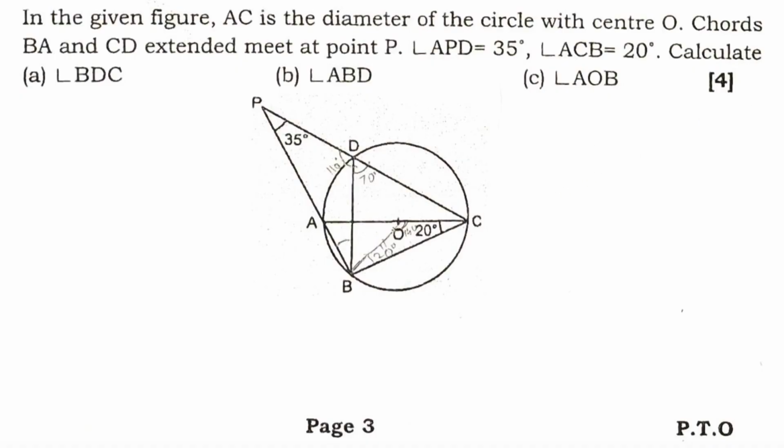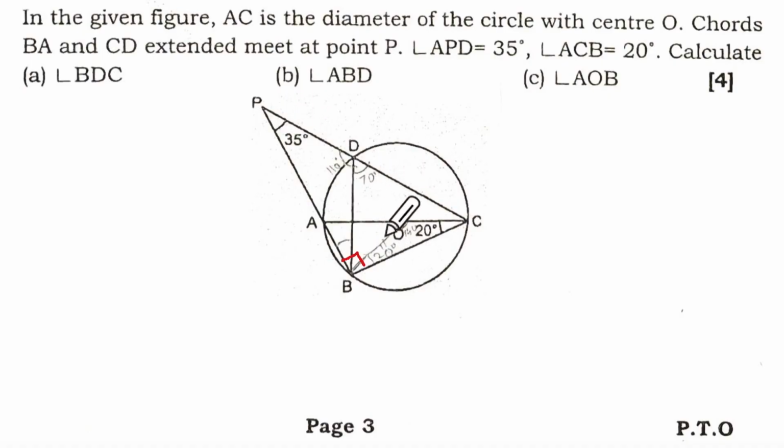Okay. Chalo. Quickly draw the diagram. We can't write all the steps though. AC is the diameter, means this is going to be 90. Correct? Yes, ma'am. Chords BA and CD extended meet, and this is 35.